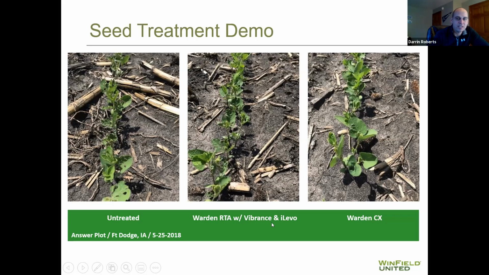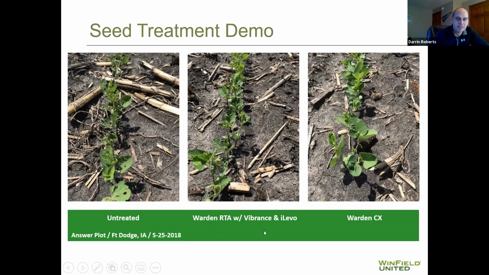Next one, we had Warden RTA with Vibrance and Ilevo. So this is only a fungicide in here, no insecticide, and similar type of story. If we look closely there, those are looking pretty ragged because of the feeding from bean leaf beetle. And then the one on the right here, this is Warden CX.